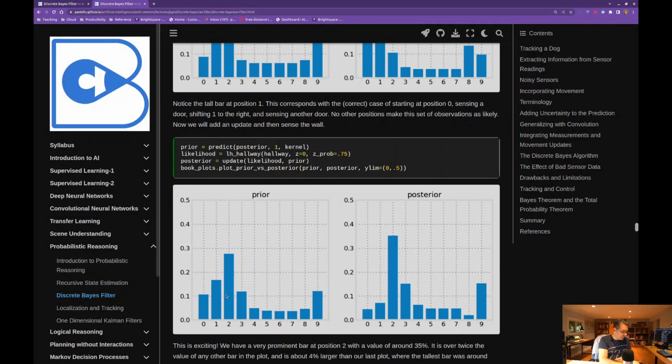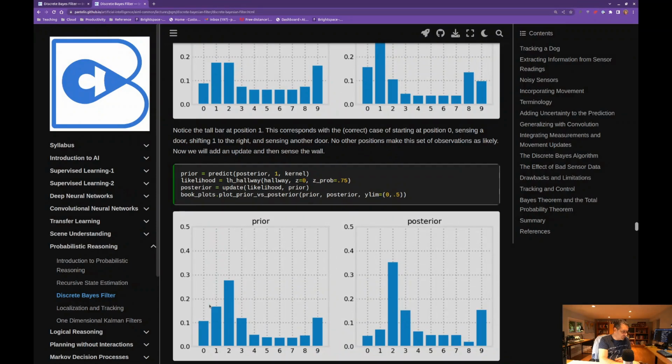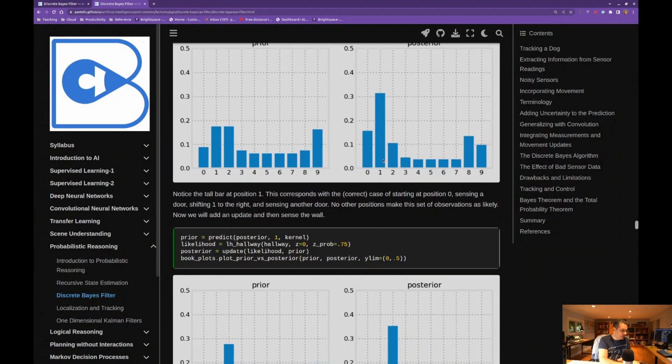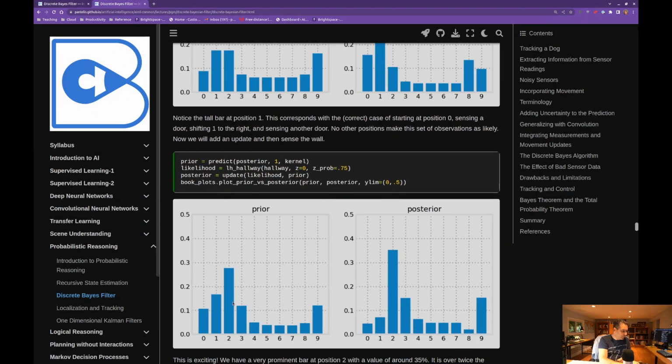And as you can see here, it introduced also some more uncertainty into the distribution. If you compare this posterior that we started from in the previous iteration to this after the movement to the right, the distribution is a bit more smeared, indicating larger uncertainty.